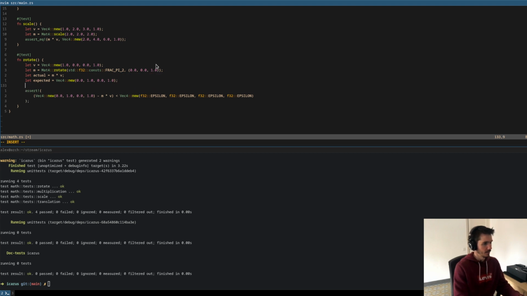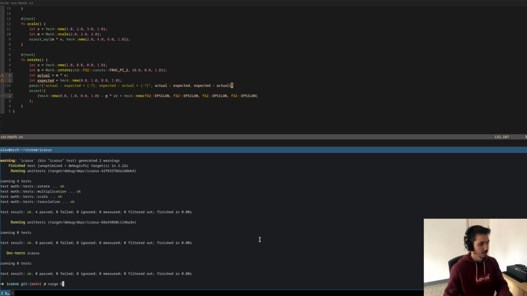So turns out that actual minus expected equals this, and expected minus actual is equal to that. These two are equal.